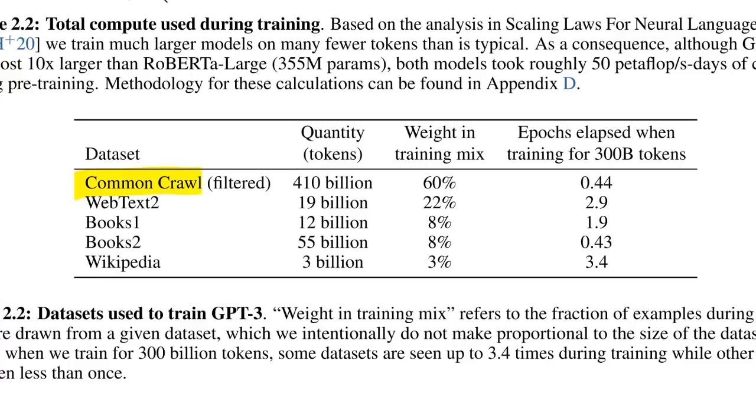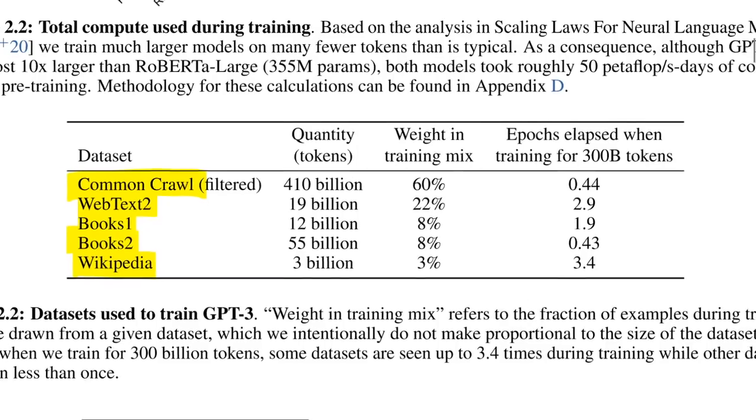This is basically a crawl of the entire internet, if you will, together with the books datasets, the WebText dataset, and the Wikipedia dataset. So they throw all of this text that they scrape from the internet together and then train a language model on that.